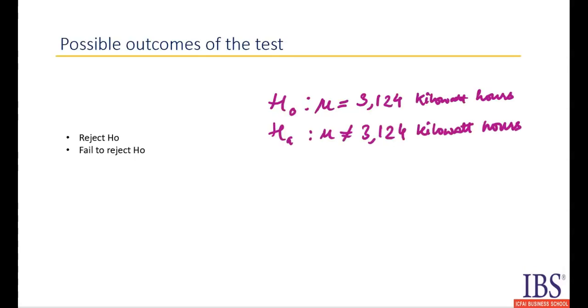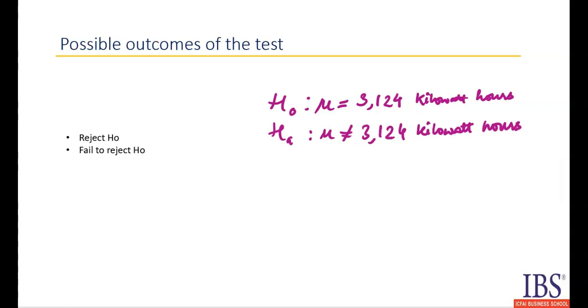So what are the possible outcomes of the test? There are two things that can happen, and in statistics there is a very specific way to state that. The two outcomes can be either you reject H0, that is your null hypothesis, or you fail to reject null hypothesis. You don't have to prove innocence in statistics.